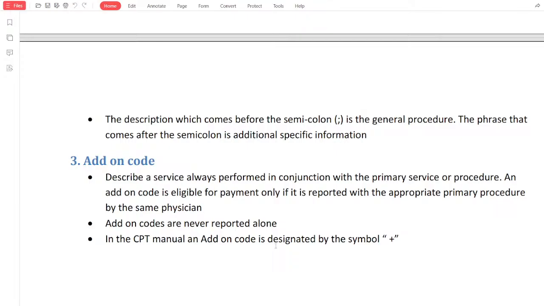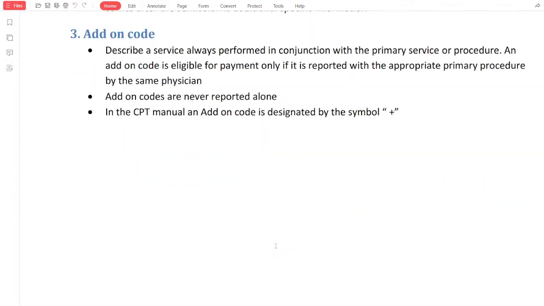Add-on codes are never reported alone. First, you have to report the main code, and only after that do you add the add-on code. Clear? In the CPT manual, an add-on code is designated by the plus symbol. So it's very easy to understand and identify.